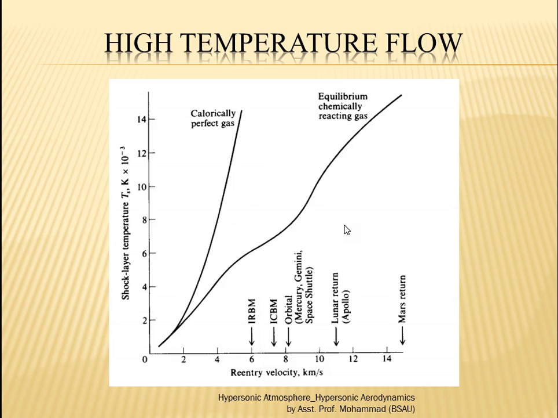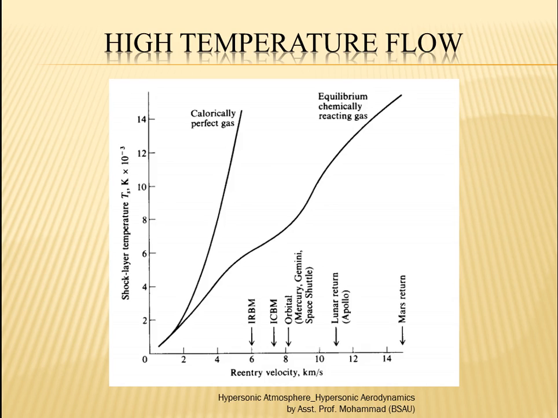Now, the dependence of thermodynamic properties on temperature mainly comes from the microscopic changes in the fluid due to the increase in internal energy. You have seen this internal energy. That internal energy increases because of dissipation of the kinetic energy, which is lost actually. Now, this increased internal energy leads to vibrational excitation followed by dissociation and finally ionization.